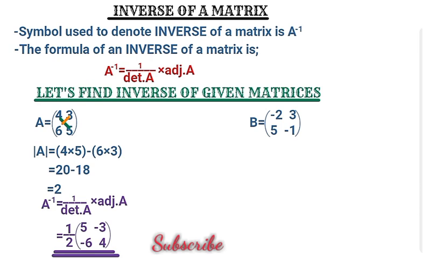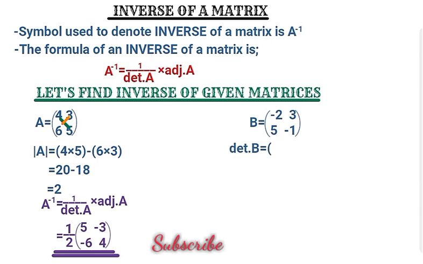As with the first one, I'm going to write the determinant of B. The determinant of B is equal to, so the same thing will happen. I'm going to multiply the leading diagonal elements, then subtract the product of the trailing diagonal from the product of the leading diagonal.